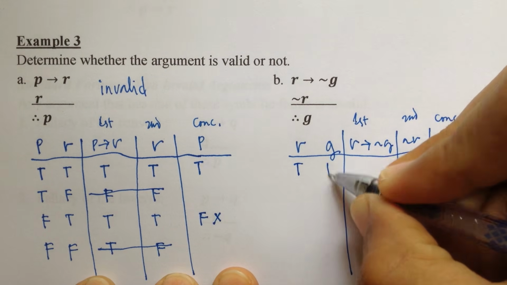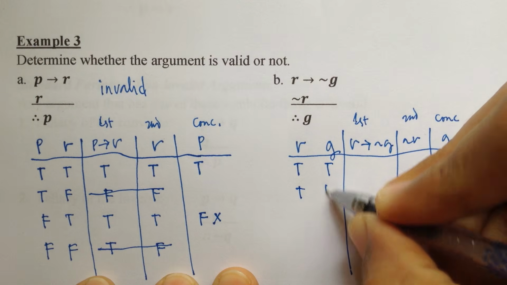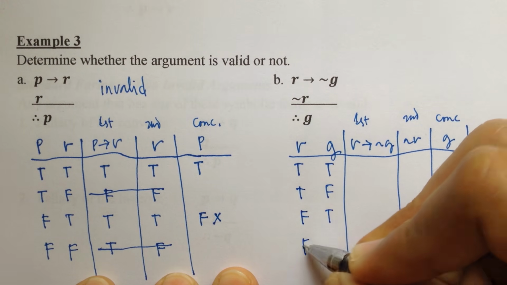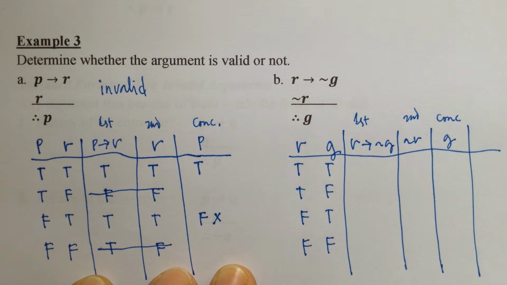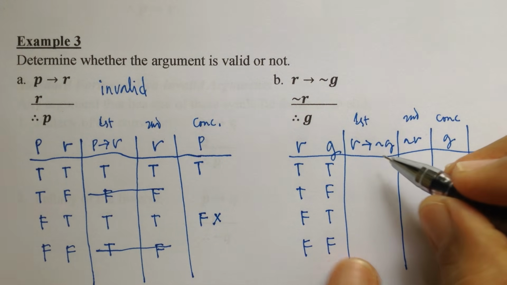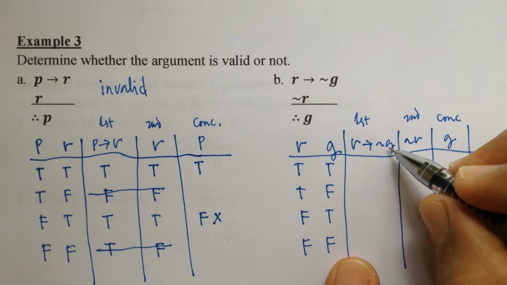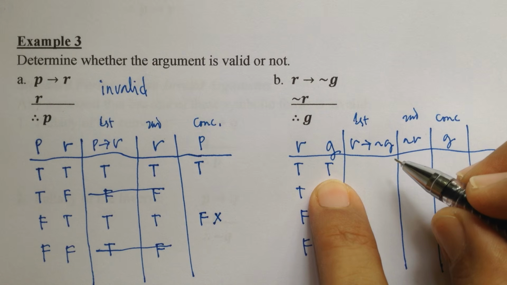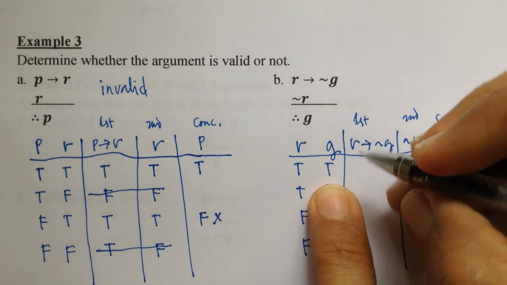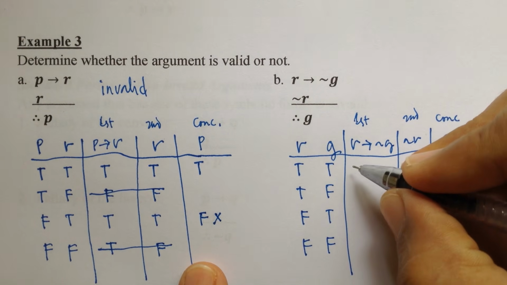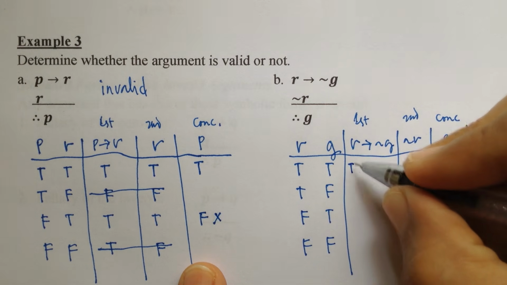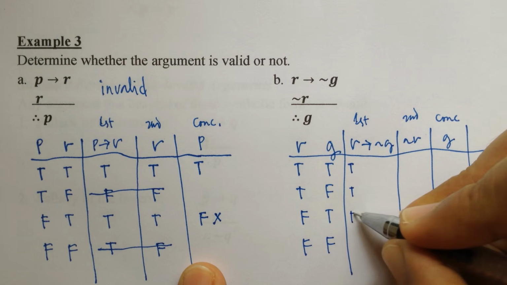Again, we have true, true, true, false, false, true, false, false. Now, R implies negation of G. Take note, to facilitate our computation and avoid confusion, let's copy the values for G: true, true, false, false.